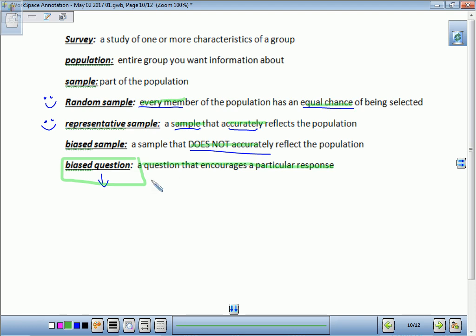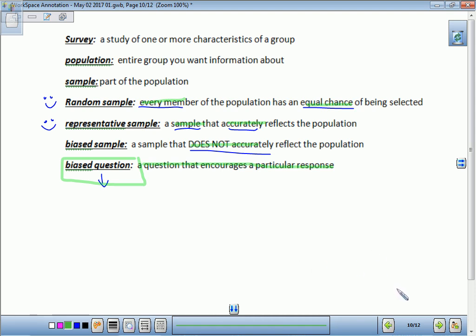Now, when we create our survey, biased questions are questions that encourage a particular response. And this is really hard for my math teacher brain. When I take a survey, I really feel like English teachers probably do when they're on Facebook and they want to correct everybody's incorrect grammar. When I get a survey and there are biased questions, I don't want to answer the questions. I want to correct them and turn them back and say, try again.